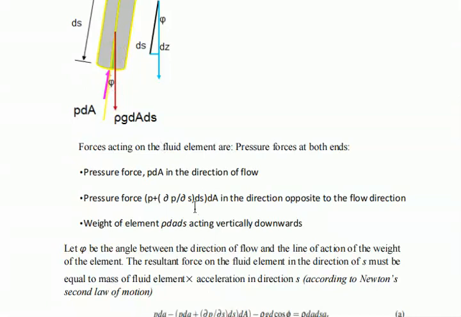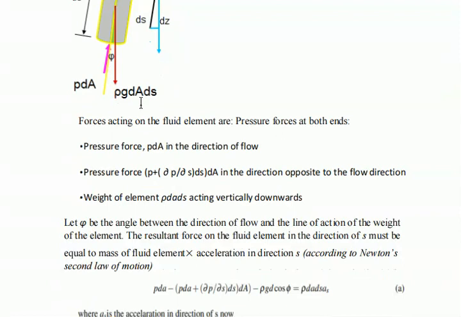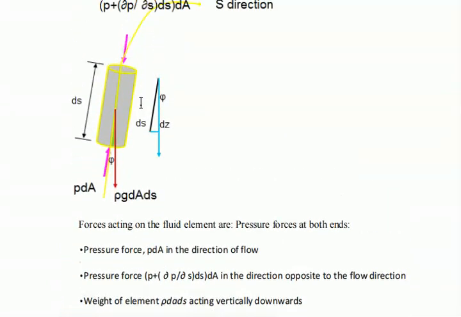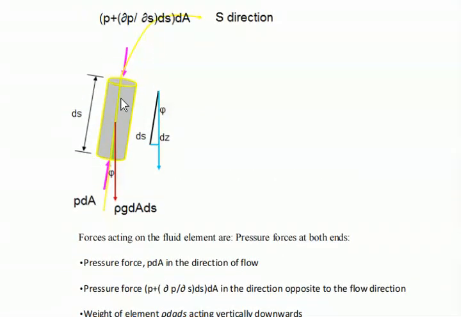The resultant force on the fluid element in the direction of s must be equal to the mass of the fluid element times its acceleration in the direction s, according to Newton's second law of motion. The resultant force, summation of F, is equal to ma. So here first we take the forces acting on this element.